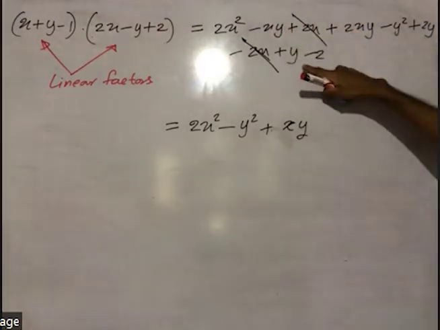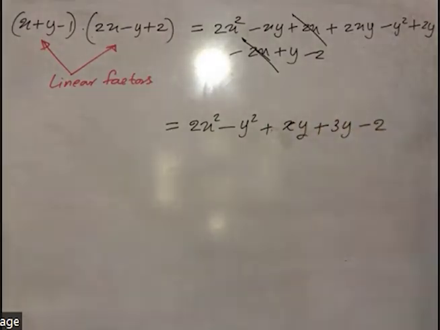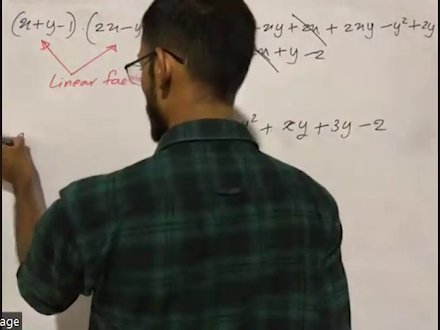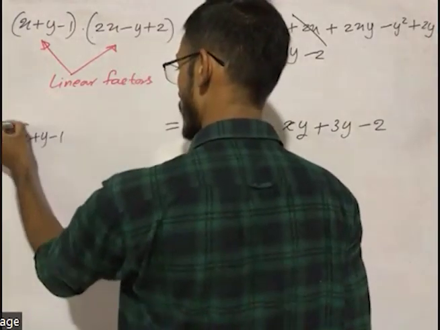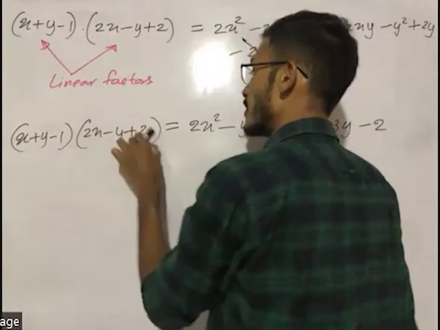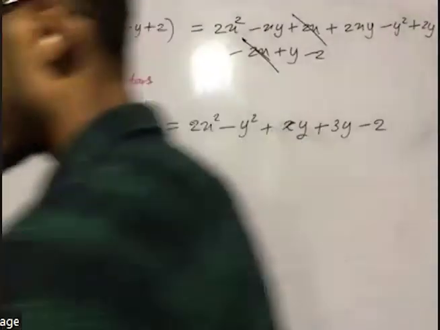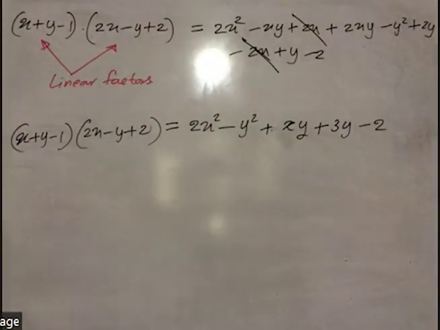Here we have 2y plus y, which is 3y, minus 2. So when you multiply these two factors, x plus y minus 1 into 2x minus y plus 2, you will get the answer 2x square minus y square plus xy plus 3y minus 2.